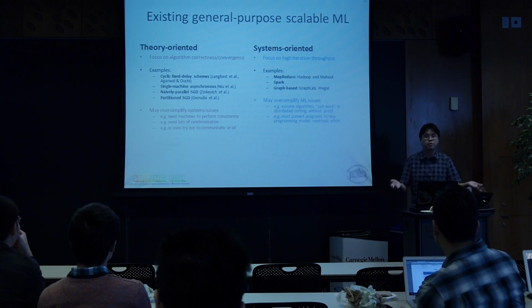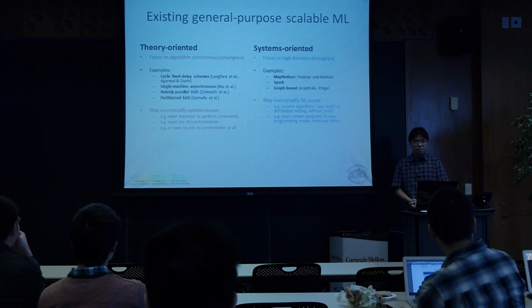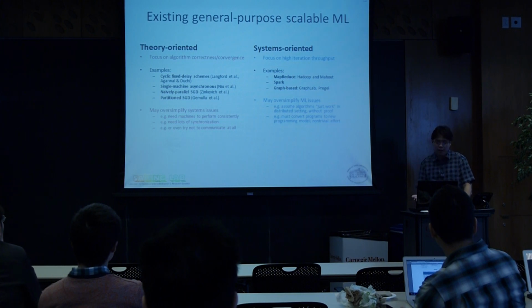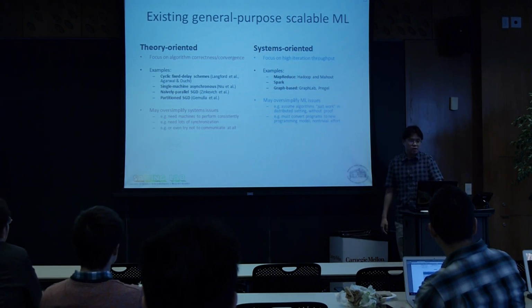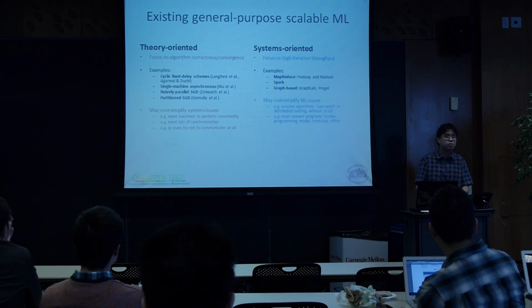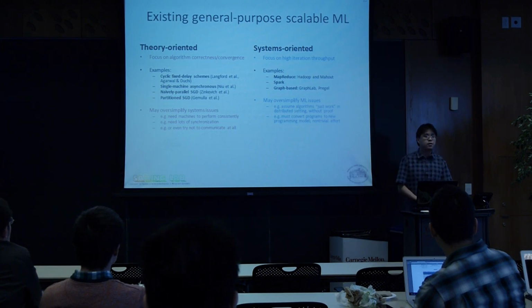There are some stochastic gradient schemes that analyze what happens when you don't exchange parameters until the last minute, right? And then on the systems side, the typical assumption is that the algorithms will just work in a distributed setting without additional proof, or that you must convert the programs into some new programming model, such as MapReduce, maybe GraphLab, and sometimes that's a non-trivial effort.